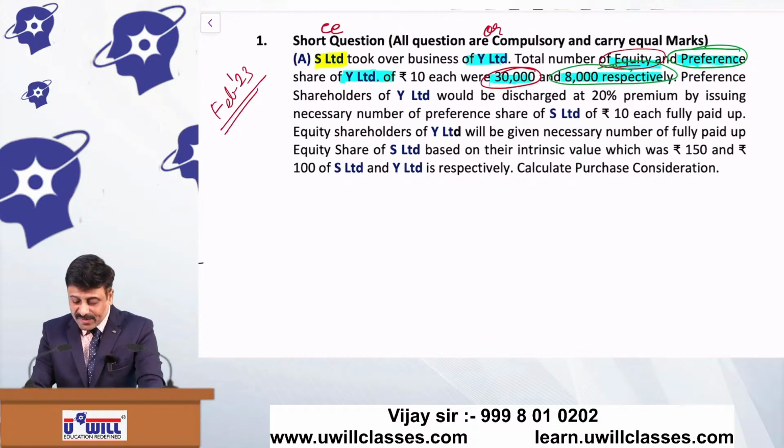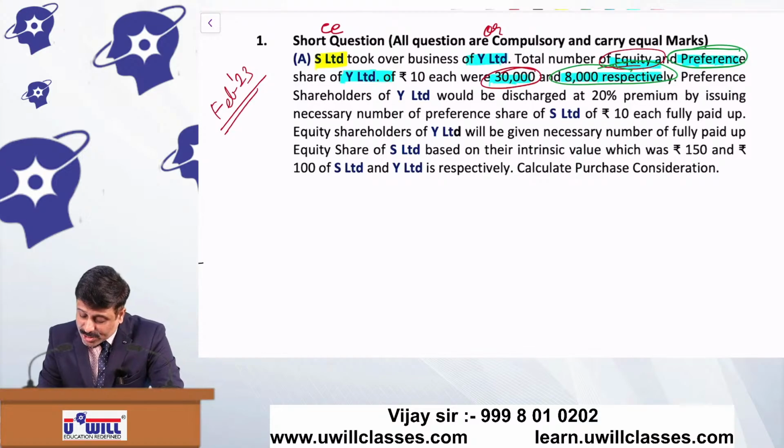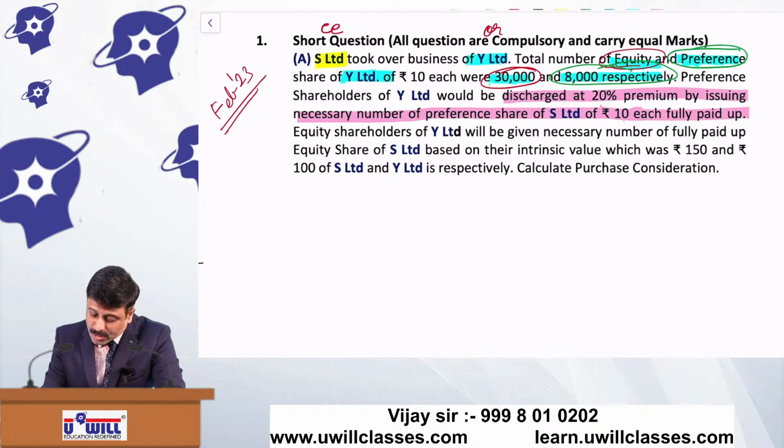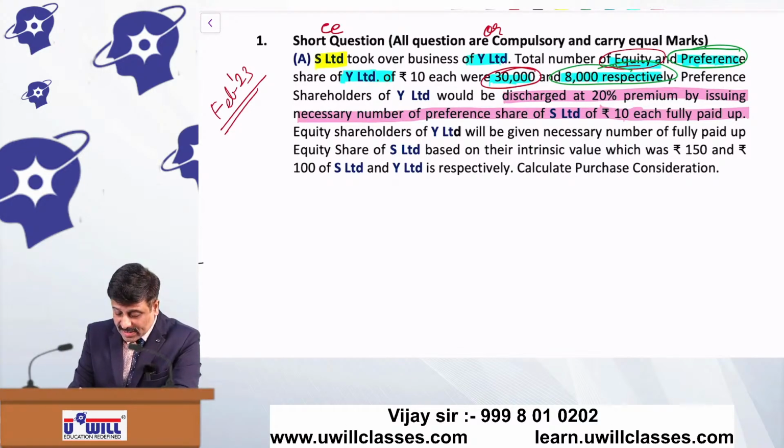Going further, preference shareholders of Y Limited would be discharged at 20% premium by issuing the necessary number of shares of S Limited of rupees 10 each fully paid up. So let's first settle this. Preference shareholders will get what payment?